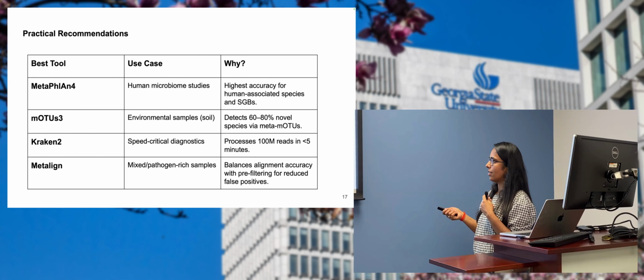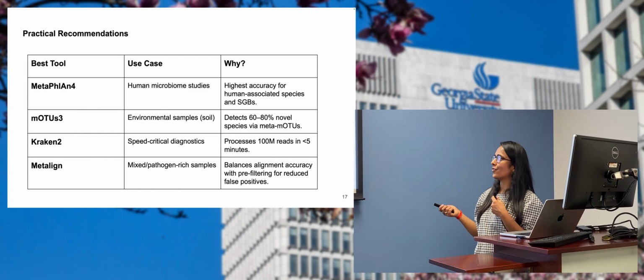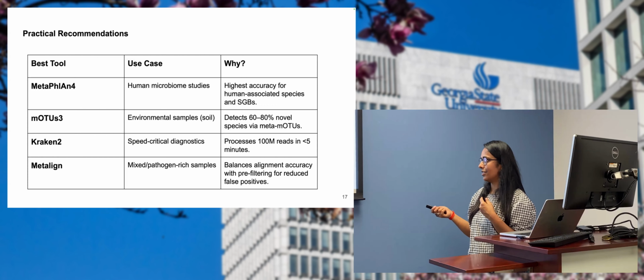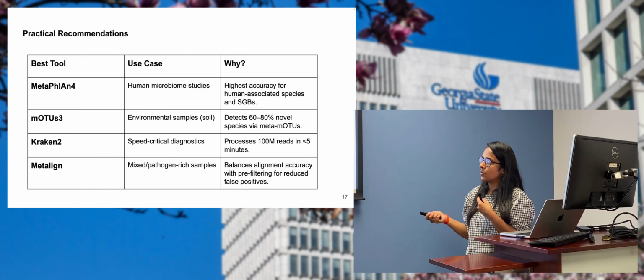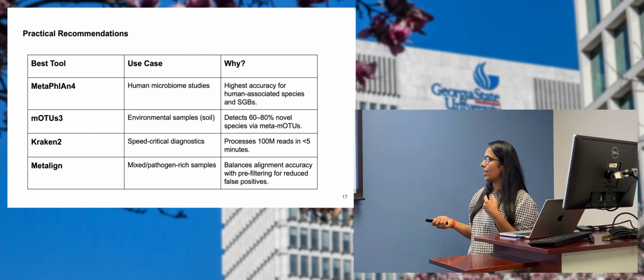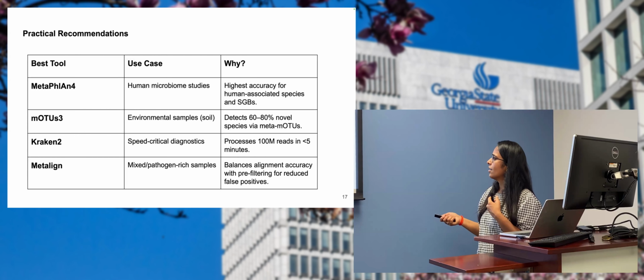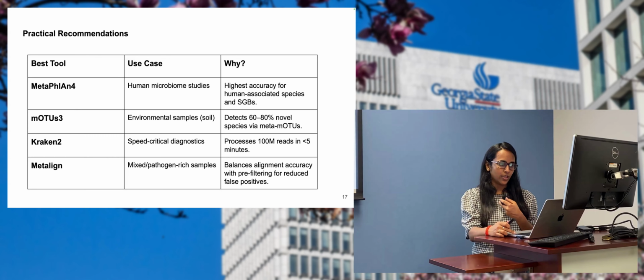It's very fast, it can process 100 million reads in less than 5 minutes. So if it gives false positives, that's fine. If you need a speedy answer on a large data set, you can use Kraken. And MetaAlign is for mixed pathogen-rich samples. It balances alignment accuracy with a pre-filter for reducing false positives.